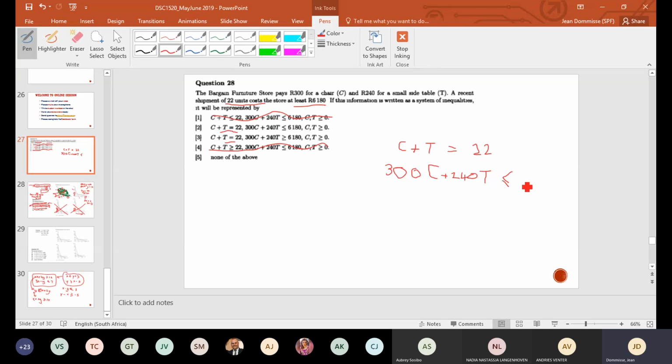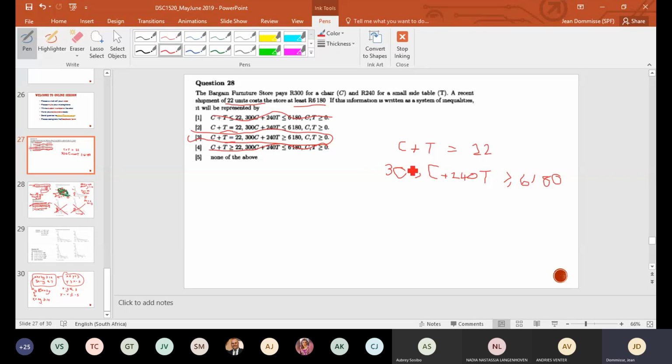Okay, so there you get the smaller or equal to, because it's, oh no, at least means bigger than or equal to. Yes, greater than or equal to. So basically that is our option, option 3.